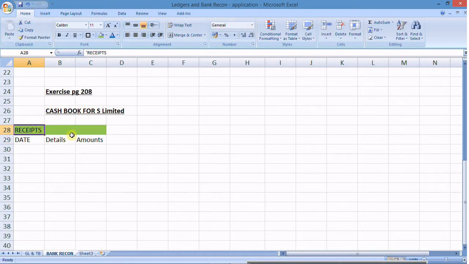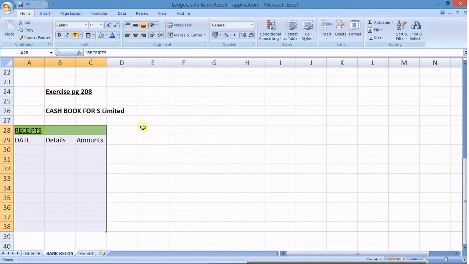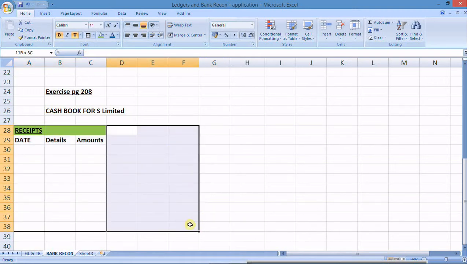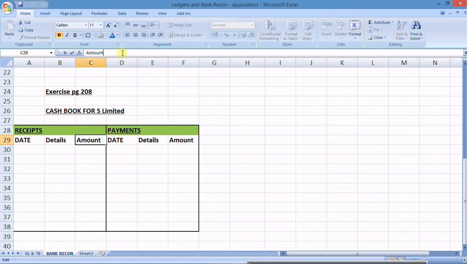So you can create a cash book, or you can create a cash payments journal and a cash receipts journal. They've just asked you for a cash book, so I'm doing it in this format. And then payments: date, details, check number, amount.